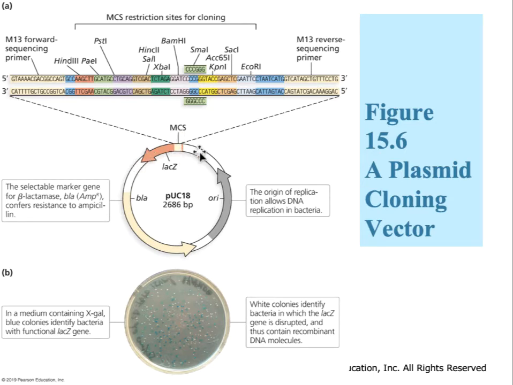Under wild-type conditions, when there's no insert, this gene is active and it produces these blue colonies. Once you put an insert into any one of these locations, the reading frame for the gene is disrupted and you get a white colony. So white colonies indicate an insert and blue colonies are bad and they indicate just a plasmid alone.